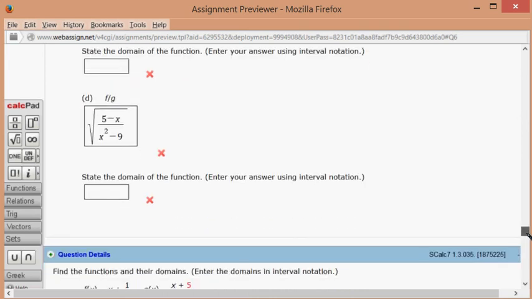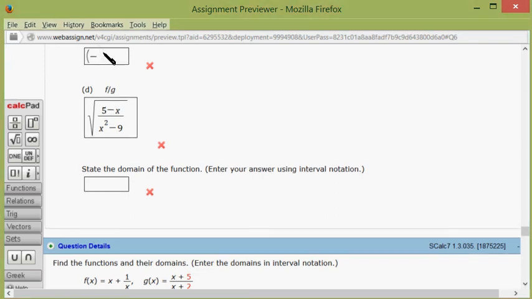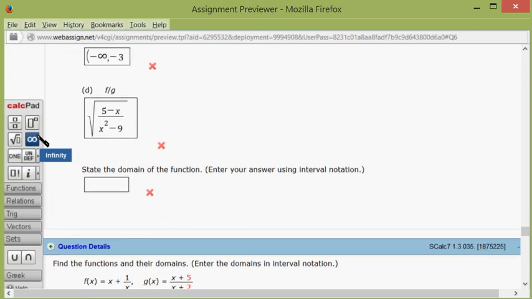The same thing for multiplication, so you have negative infinity to negative 3 bracket, and union with 3, 5.